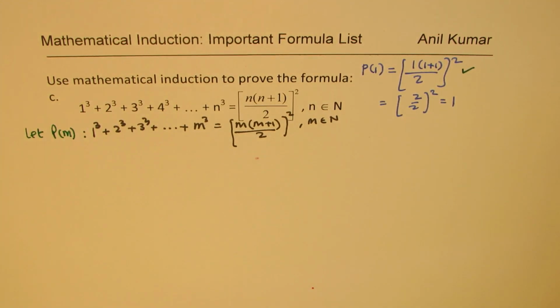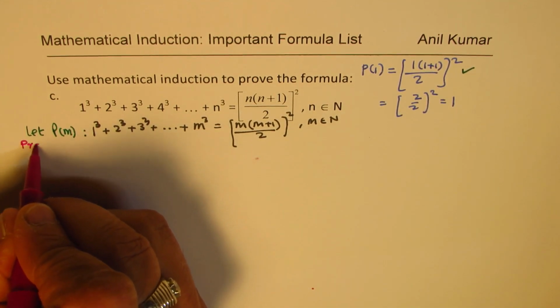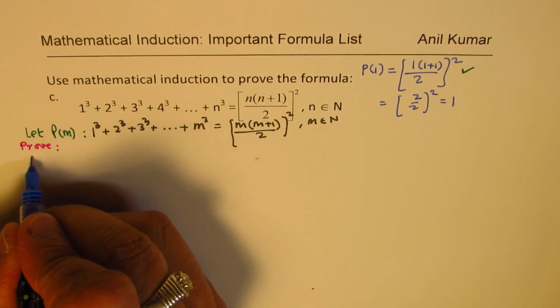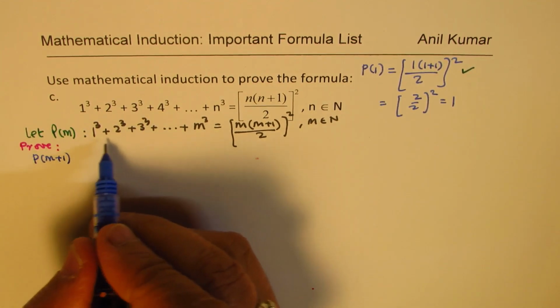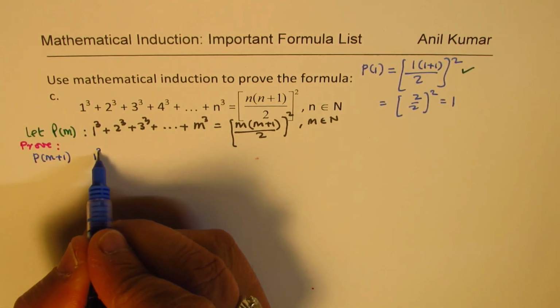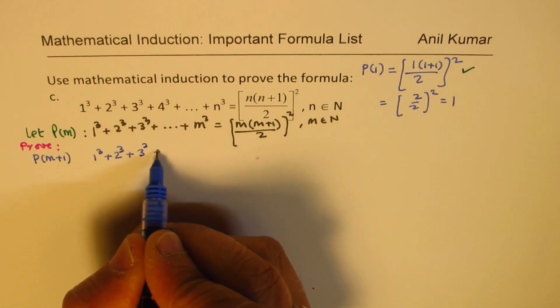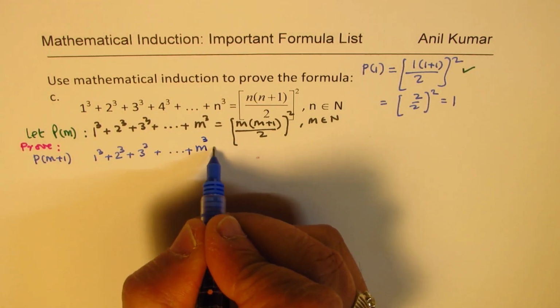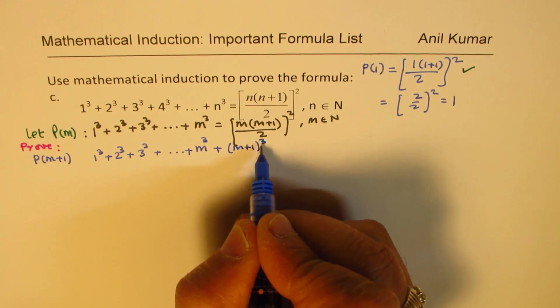And now we need to prove what? We need to prove that this holds good for m plus 1 also. So we'll now check what P of m plus 1 is equal to. P of m plus 1 will be 1 cube plus 2 cube plus 3 cube plus so on till m cube, and an additional term, m plus 1 whole cube.